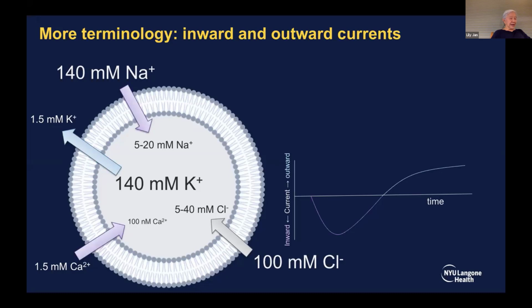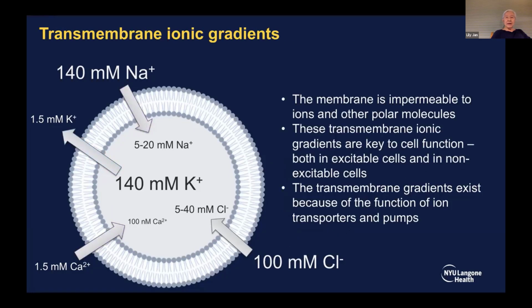The ion concentration gradients could be running down, because the ions can go through the membrane through various mechanisms. And so we depend on the pumps and transporters to maintain the gradient.